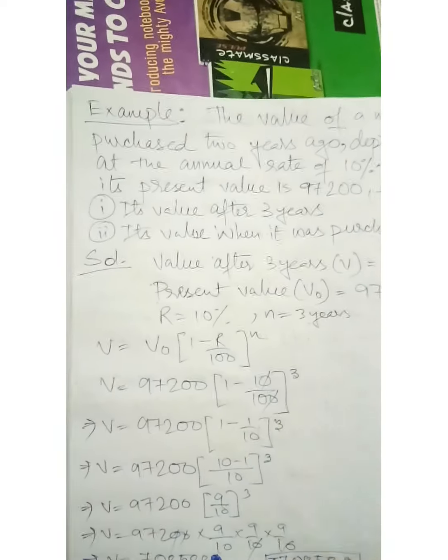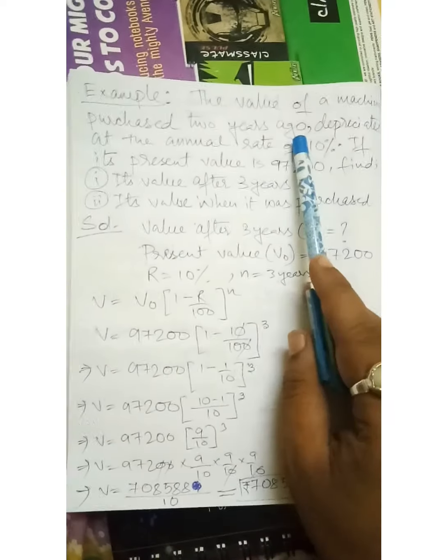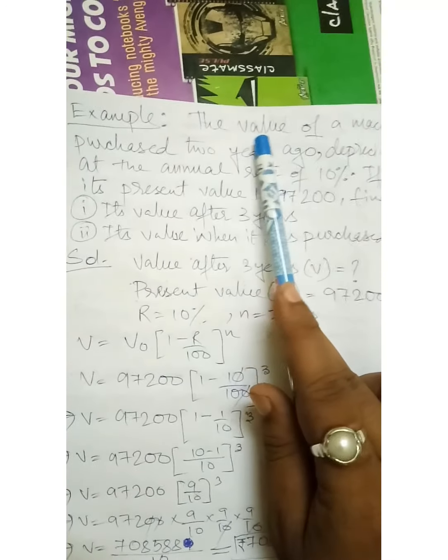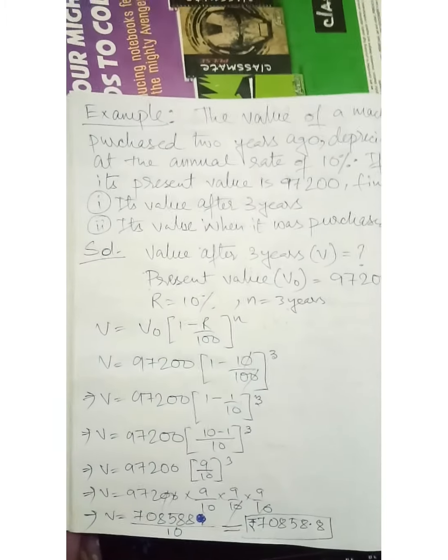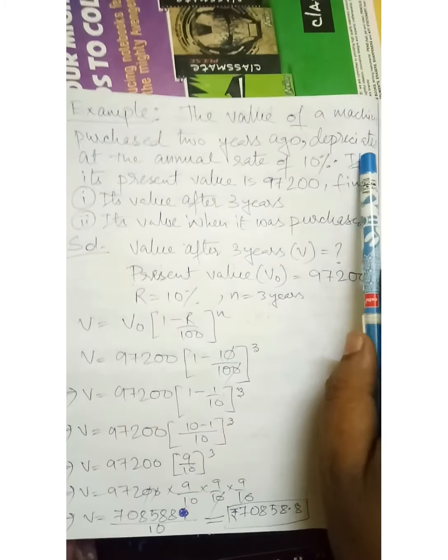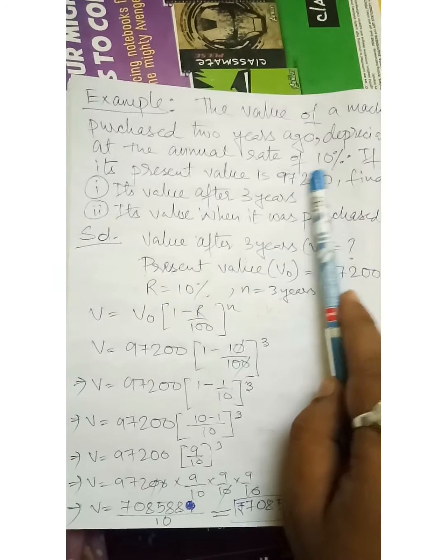See what I have given. I've given one example: the value of a machine purchased 2 years ago depreciates at the annual rate of 10%.